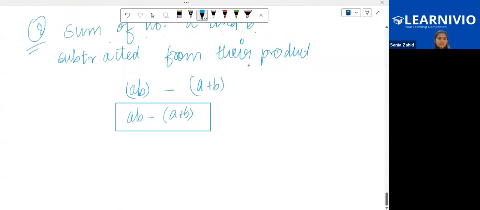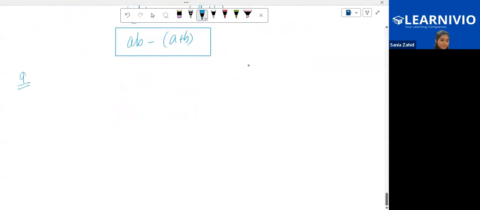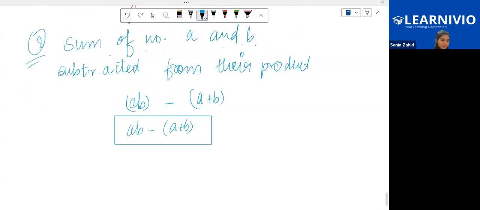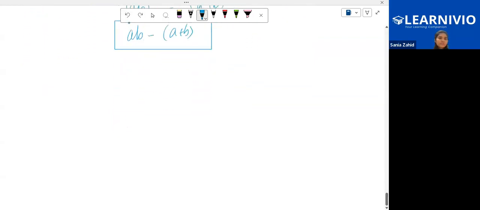Then we come to question 9. This was the last question. We come to the next question. You have to make the factor tree. So tree diagrams basically you have to make.